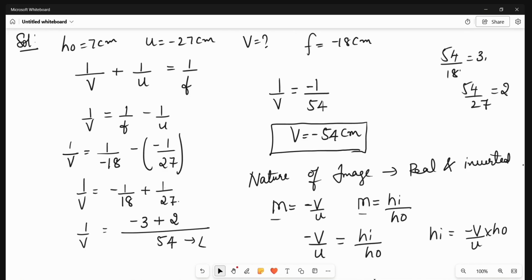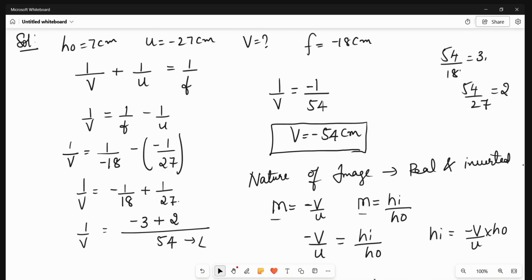See, the scale is there. The image size I am getting, or height of the image, is 10 centimeter, but the size of the scale is 5 centimeter. So what will be the magnification? It becomes 2 times, correct. So that means it is hi by h naught, 10 by 5.